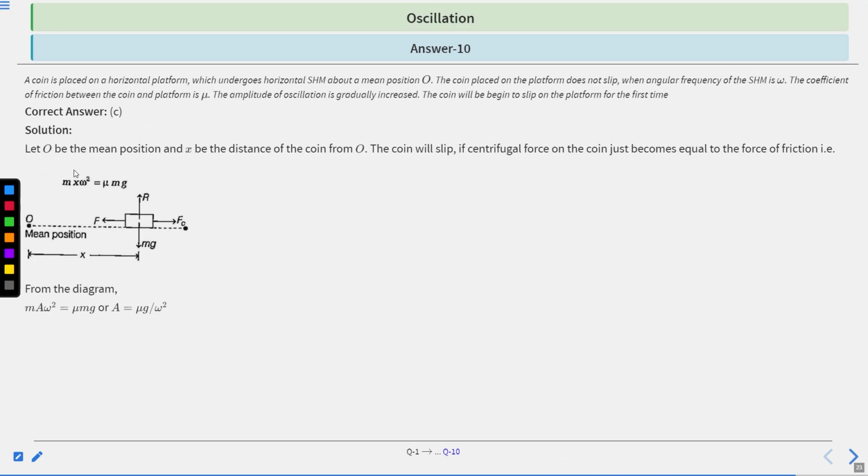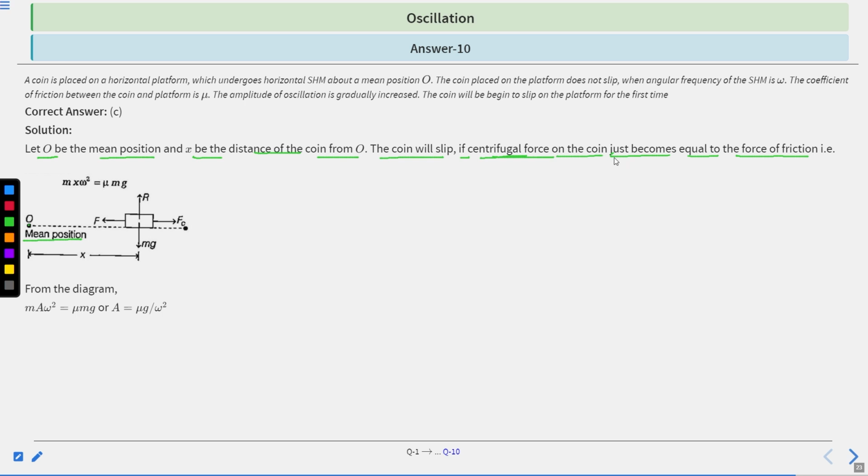So let O be the mean position, and x be the distance of the coin from O. The coin will slip if the centrifugal force on the coin just becomes equal to the force of friction.